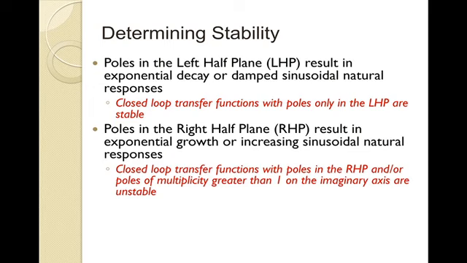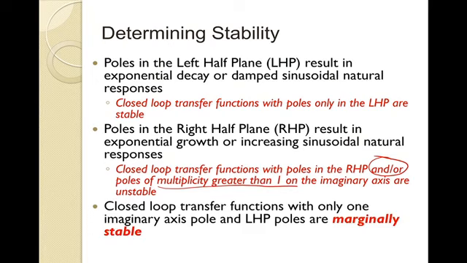Now, the second part of this definition for instability, after the 'and/or', is poles of multiplicity greater than 1 on the imaginary axis. So what is that? If I have poles here, this is my j omega axis, and I have poles there with multiplicity greater than 1, then I can basically be unstable as well.